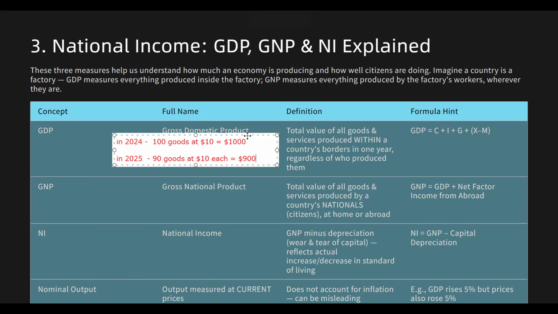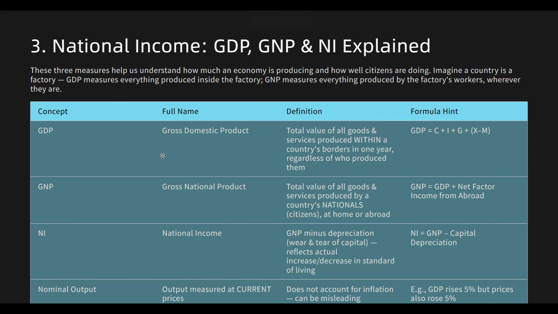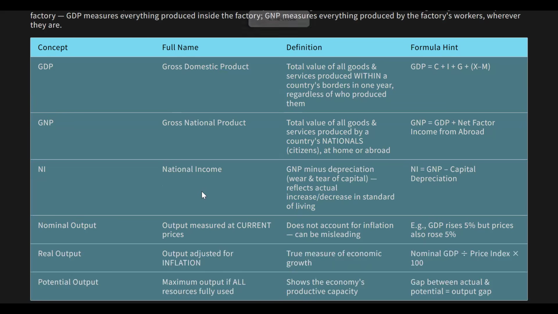So the nominal output is where it had a little inflation through the years, right? And the real output is where you're using the same price throughout the years in order to see the difference.